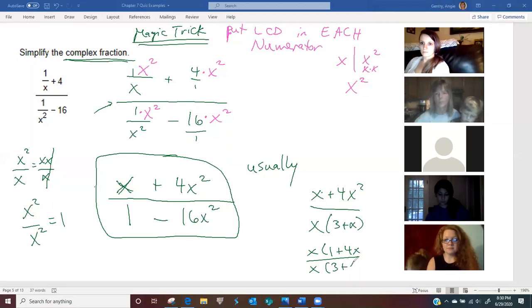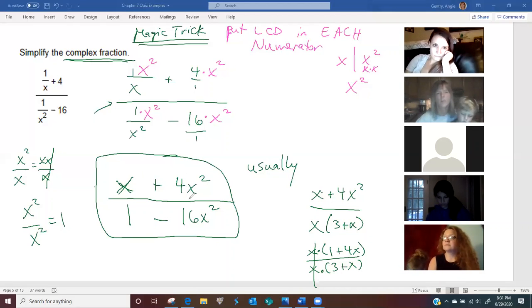And then you would cancel those, but only if you have multiplication. But here, you can't cancel that 4 and that 16, that's illegal. You cannot cancel those x squareds, that's illegal. You can only cancel if you can factor it. Even if you take that x out, you're not going to do anything because the denominator is not factorable. Is that clear?